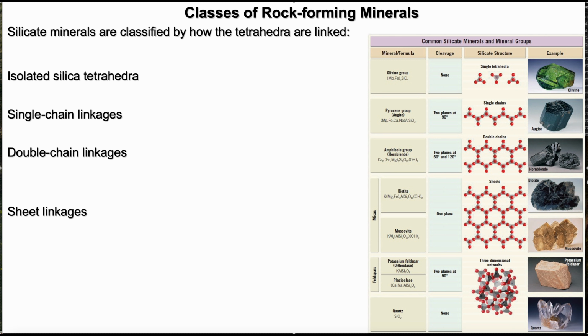Sheet linkages link double chains together, and the result is a vast sheet of linked tetrahedra. This vast sheet can be dark colored, such as in the mineral biotite here. This is black because of the presence of magnesium and iron.